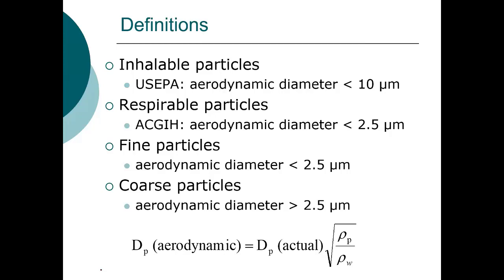We talk about aerodynamic diameter, and that is the diameter of a spherical water droplet that has the same terminal settling velocity as the particle. When we look at sedimentation, we'll use Stokes' law in order to determine the terminal settling velocity. And I think we'll do this also.